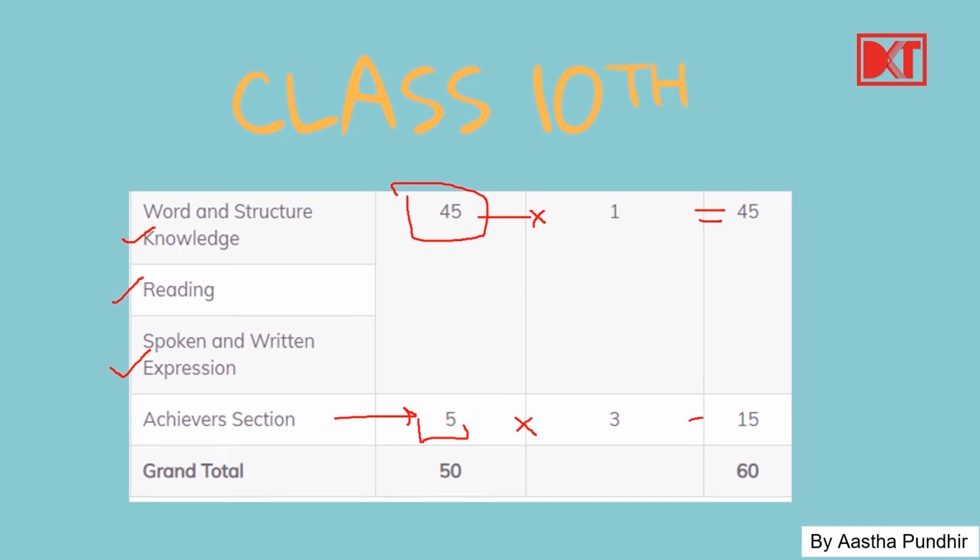Total becomes 15. So in total there are 50 questions to be solved and the total marks become 60 marks. This is the achiever section. This will have the hot questions. We'll discuss it in the further slides. Alright, this is the overall pattern for IEO.